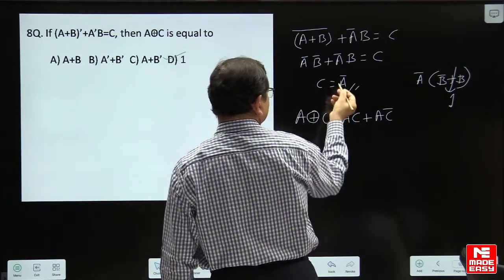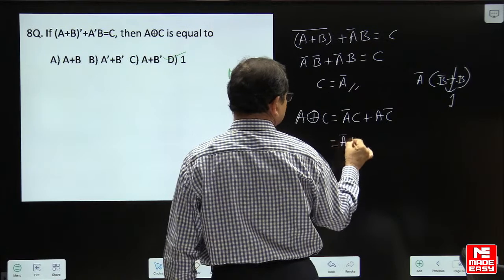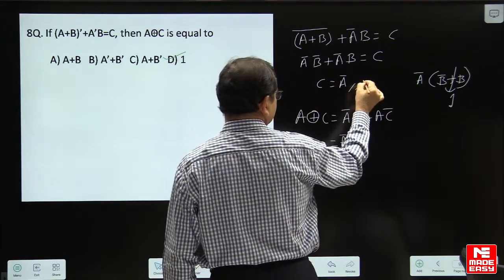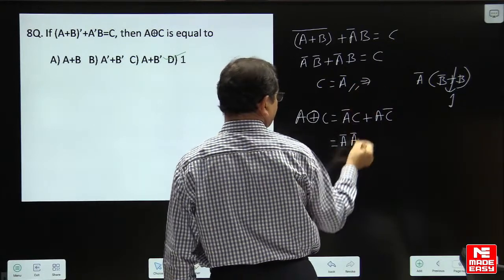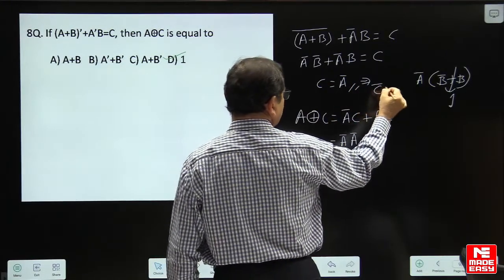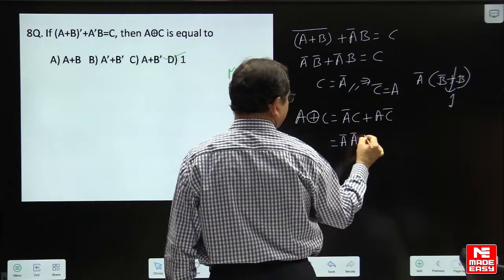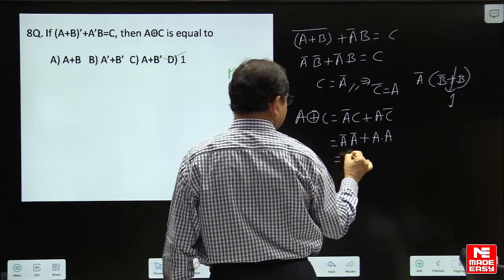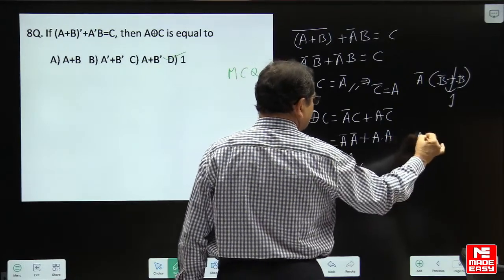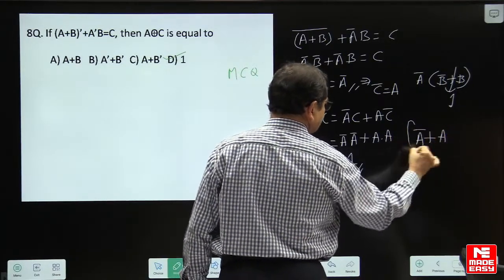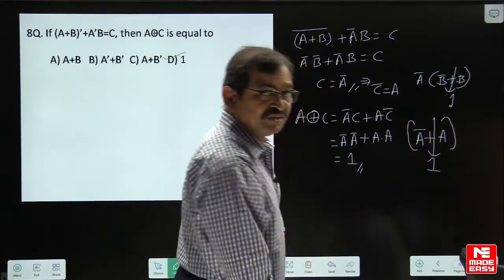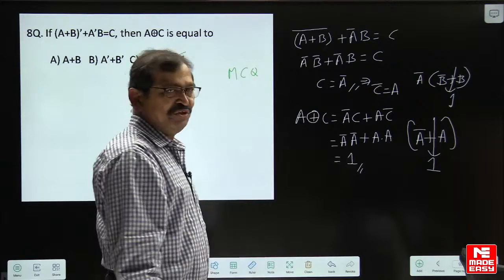So in the place of C, we can substitute A complement, and C complement will be equal to A. So A into C complement gives A. So it is effectively 1, because A complement OR with A is the ultimate thing. You know well, with the Boolean algebra properties, it is 1. So the answer to this question is option D. Okay?